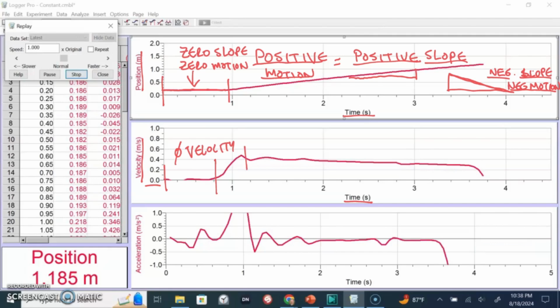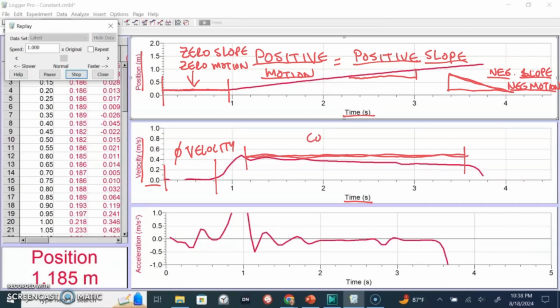During this point right here, from here to here, our velocity is changing a little bit. If we had completely constant velocity, we would have a flat line.